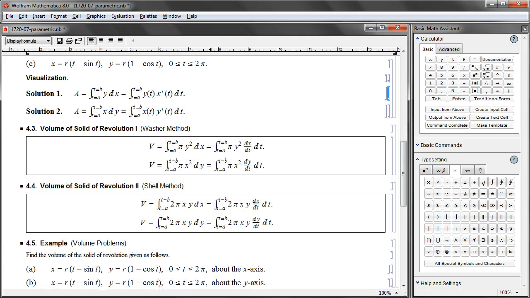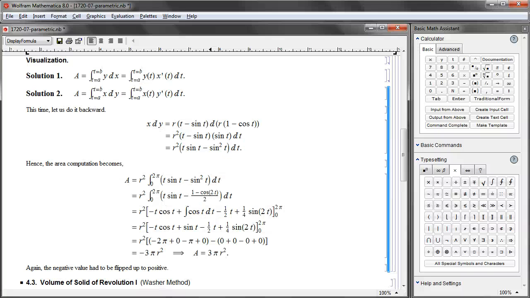If you use x dy, you're going to get a little bit different computation, but you end up with negative 3 pi r squared, but area has to be positive. You can always flip it over. So this is x dy, x, and then dy. Calculating, we have t sine of t, so it looks like you'll have to use integration by parts over there. Otherwise, pretty much the same.